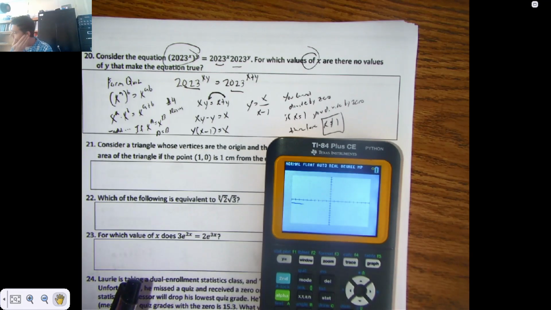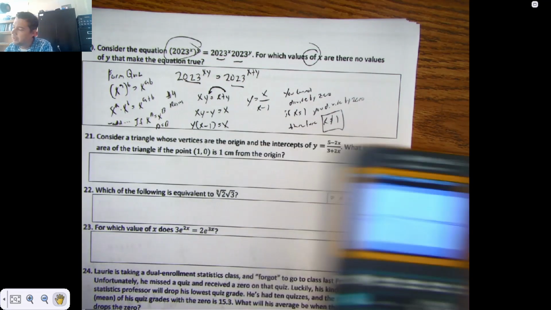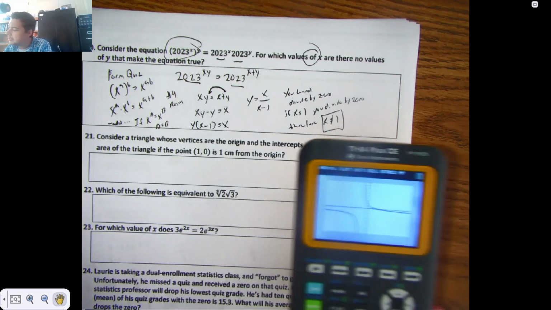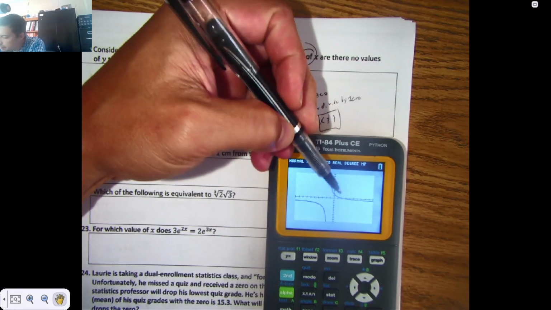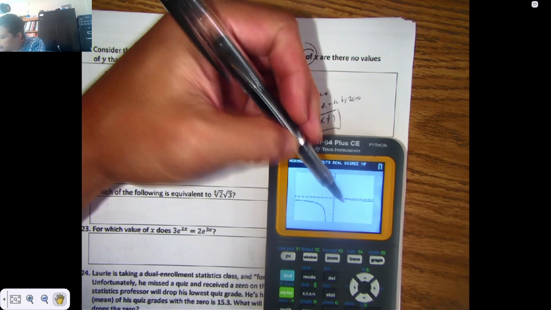Zoom 6. And whose vertices are the origin and the intercepts of this thing.